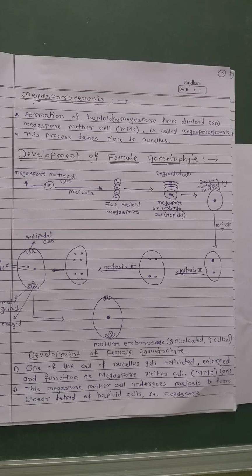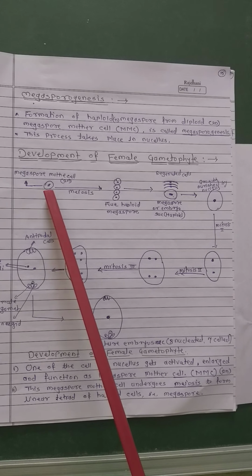The female gametophyte develops from the megaspore mother cell, which is present in the nucellus, the parenchymatous tissue of the anatropous ovule.